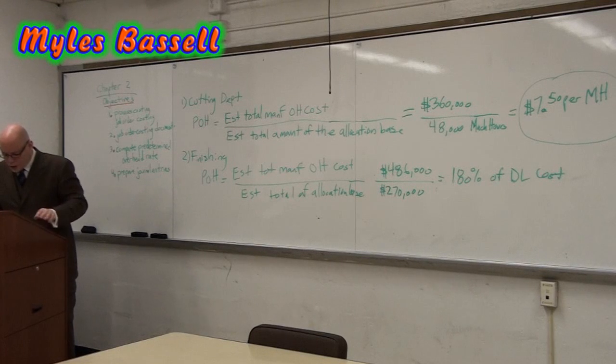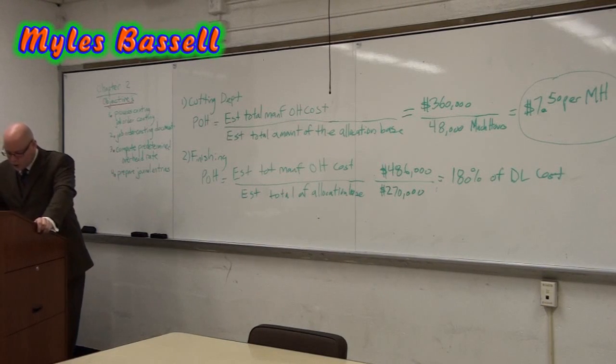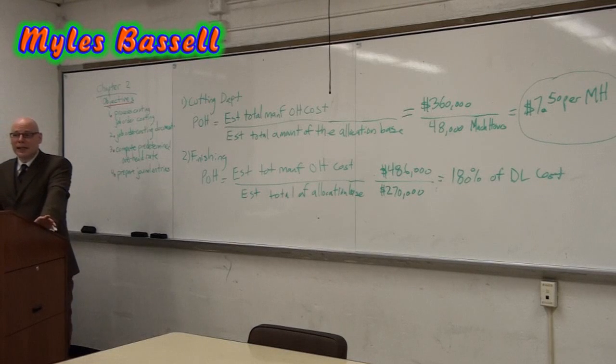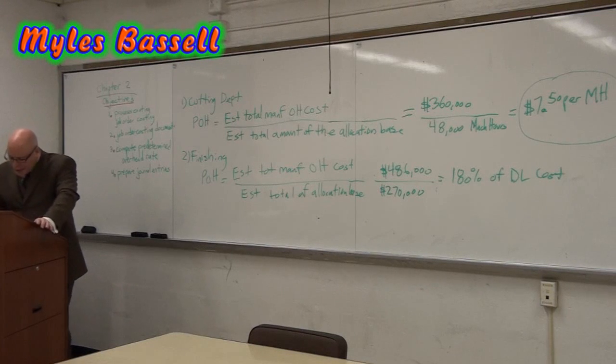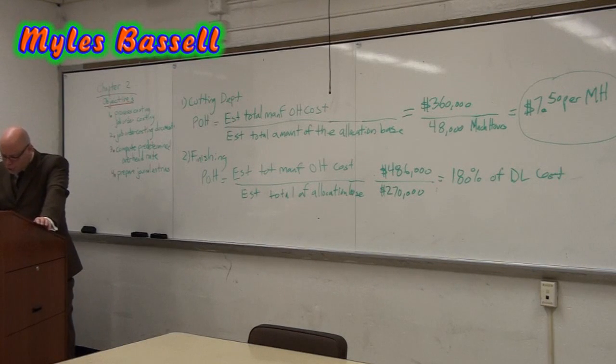All right, so look at part 2 of the question. It says, assuming, all right, so now we're going to see how we apply the predetermined overhead rate. So they're going to say, okay, now that you computed the predetermined overhead rate, take a look at this scenario. It says that the job cost sheet for job 203 is listed below.